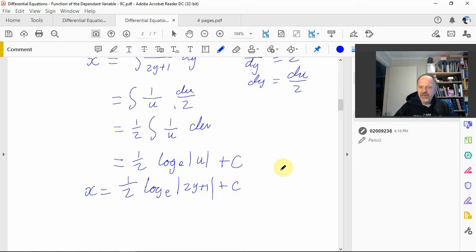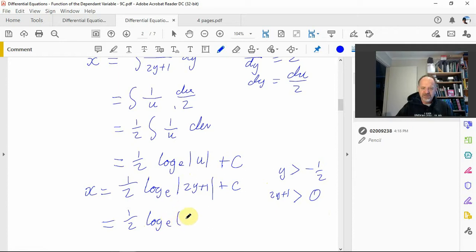Now you remember we had a restriction for y, and y was greater than negative a half. So if y is greater than negative a half, then 2y plus 1 will be greater than 0. And given that that is the case, these absolute value signs are, in this case, not necessary.